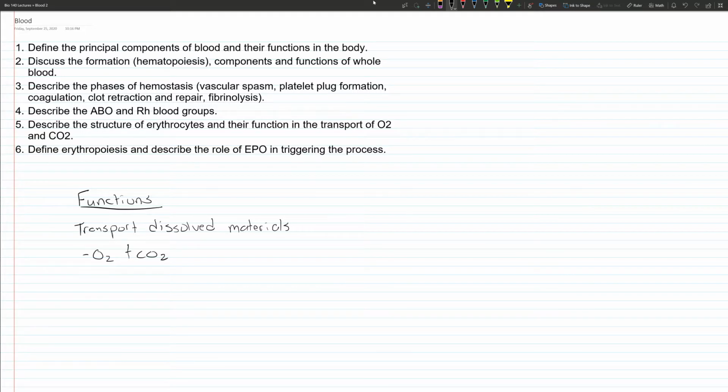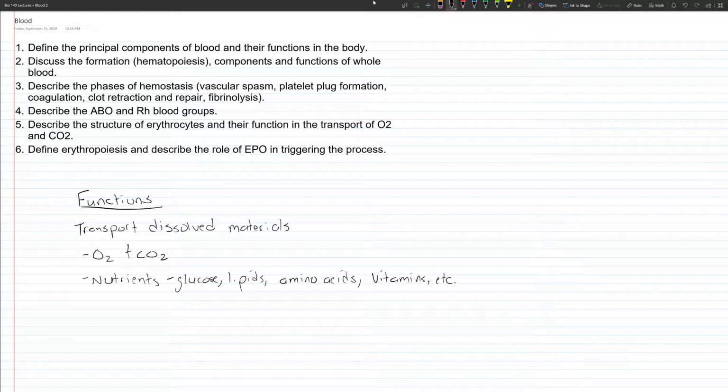We have our nutrients, so basically this is our glucose, lipids, amino acids, vitamins, etc. Pretty simple stuff.